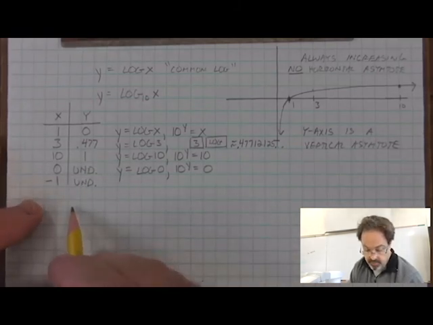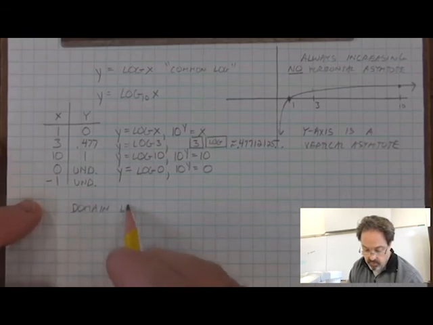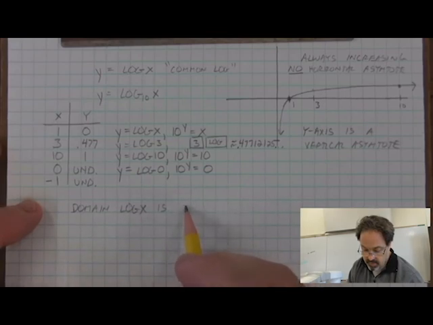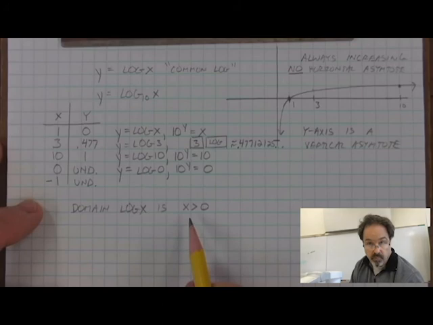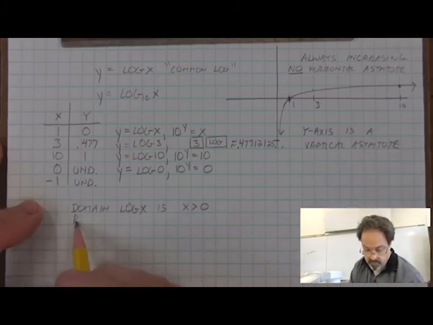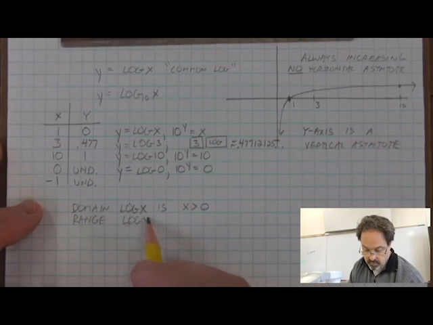And in general, we could say that the domain of log is anything that is positive, or greater than 0. And the range of log base 10 of x is anything.